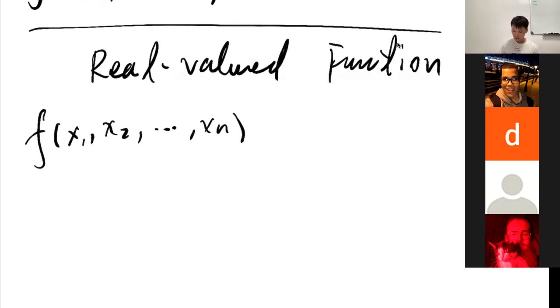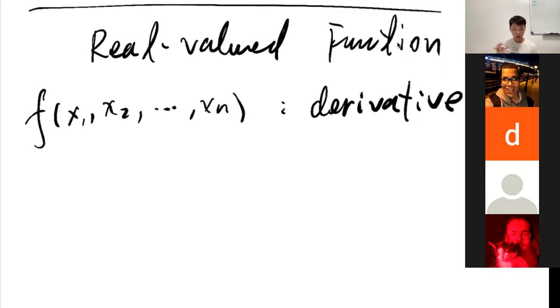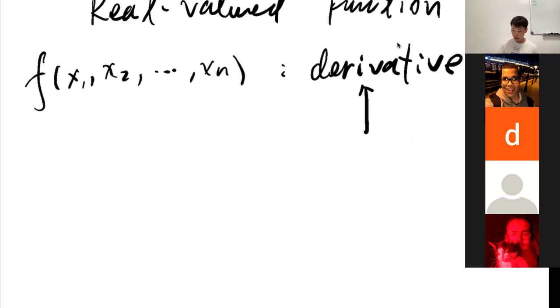So for a real-valued function f, we want to define the concept of the derivative. But before we talk about the derivative, we need to first clarify which points are able to have a derivative.